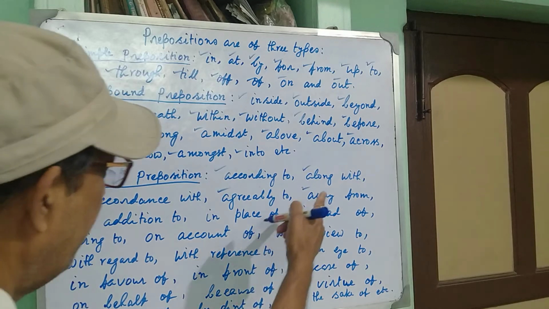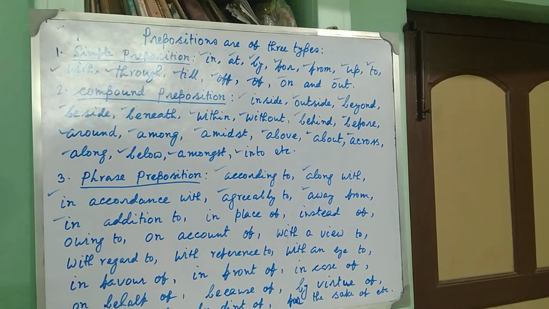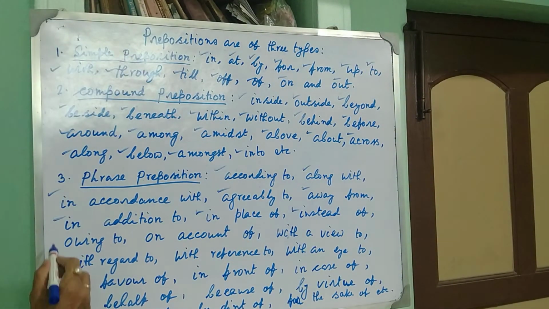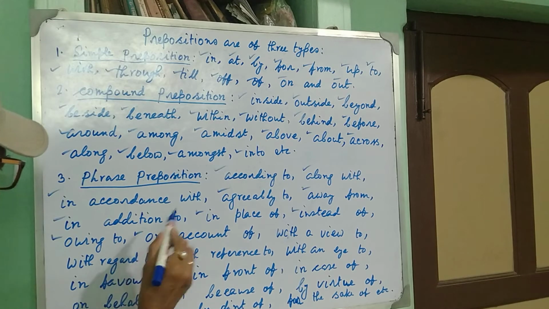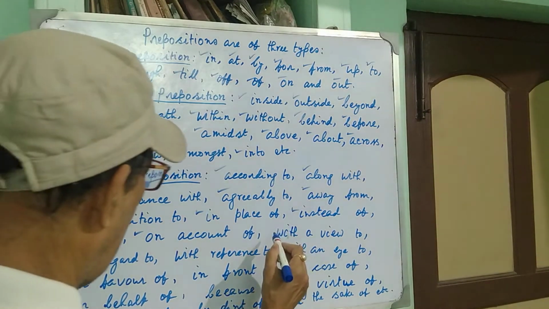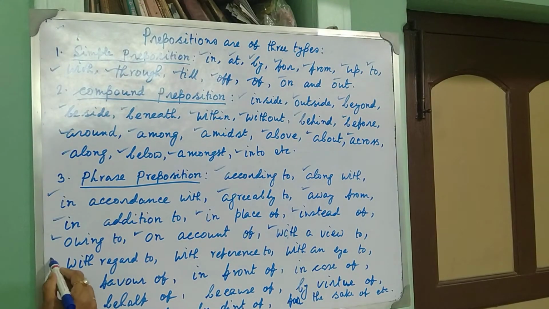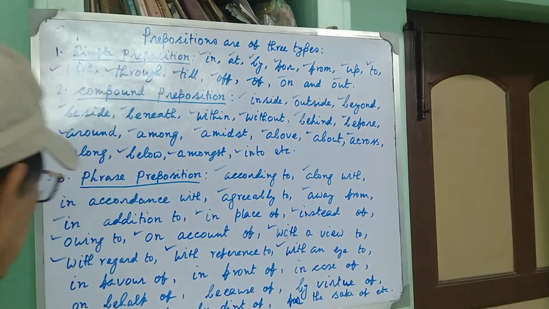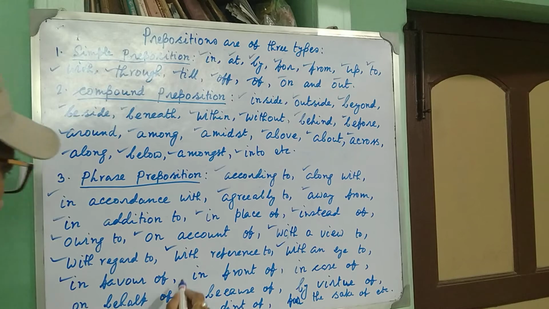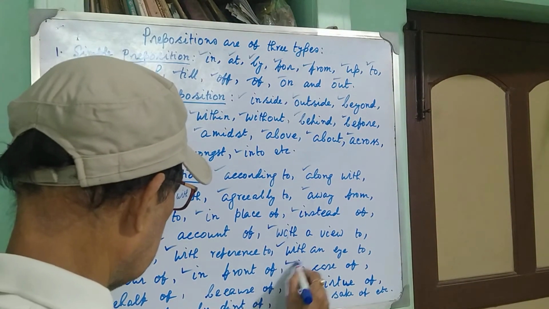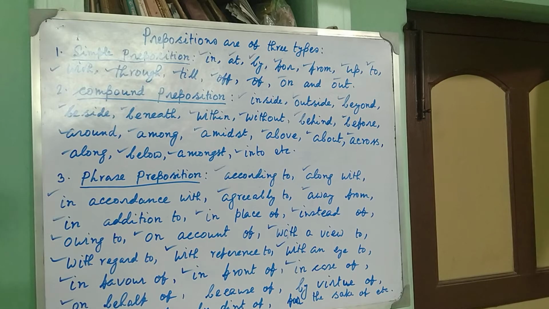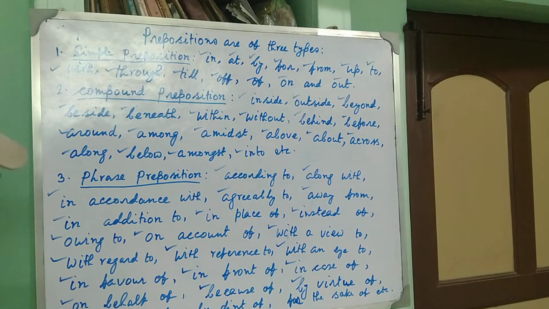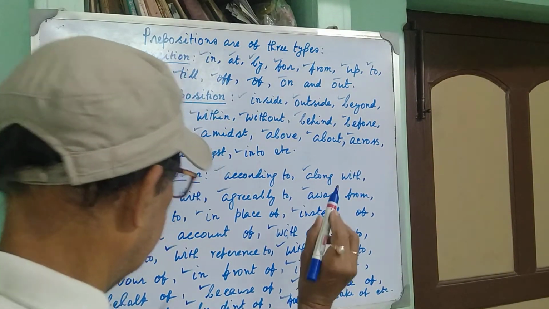Agreeably to, away from, in addition to, in place of, instead of, owing to, on account of, with a view to, with regard to, with reference to, with an eye to, in favor of, in front of, in case of, on behalf of, because of, by virtue of, by means of, by dint of, for the sake of.